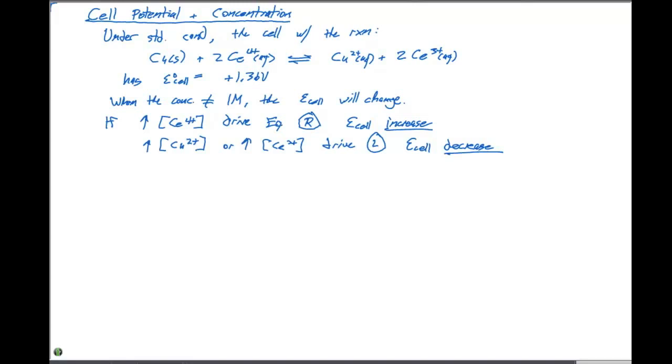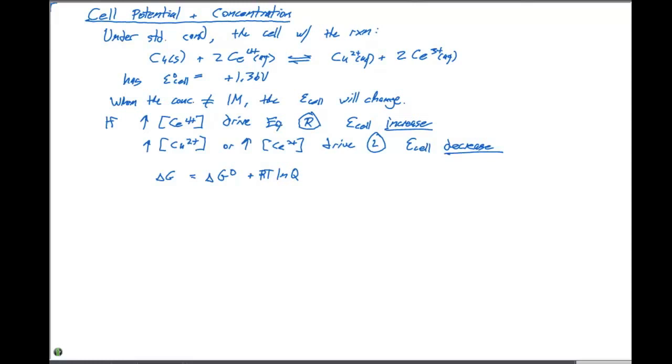We can do the same thing with decreasing the concentrations and analyzing how this equilibrium will shift. So the question is, how can we perform a calculation on this and predict what the overall cell potential would be by changing these concentrations? What we do know is that from the thermodynamics chapter, we have ΔG equals ΔG° plus RT ln Q. And this is our Gibbs free energy reaction under any set of conditions.